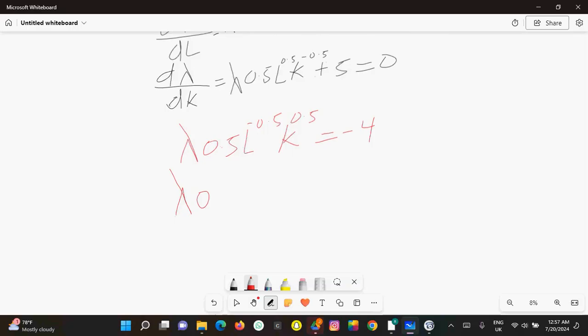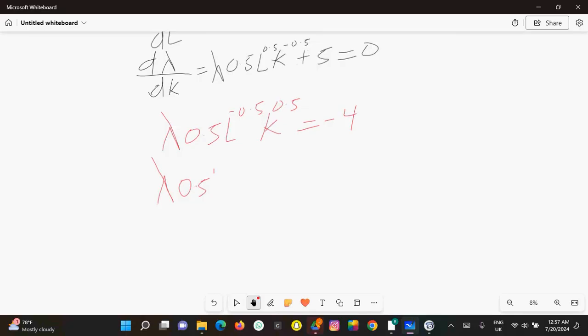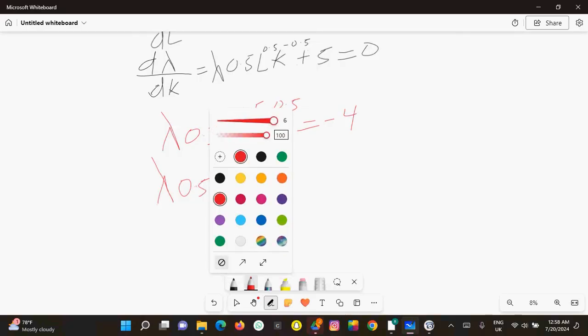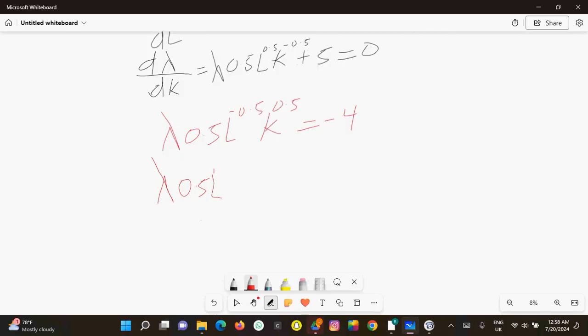So now the same thing. We are getting lambda 0.5 L to the power 0.5 K to the power negative 0.5.